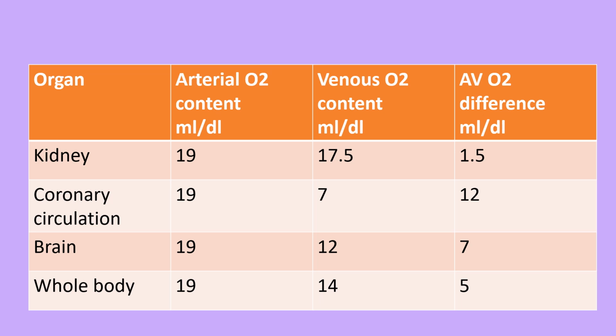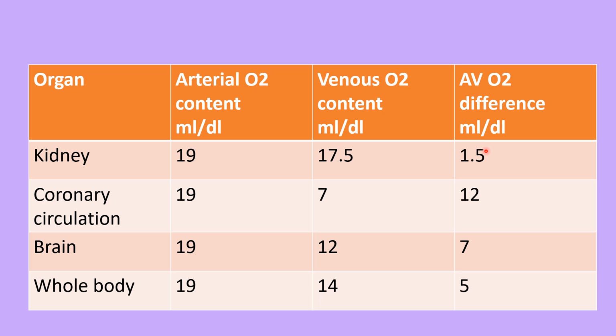The next important feature of the renal circulation is that it has a smaller arteriovenous oxygen difference compared to the coronary circulation, cerebral circulation, and whole body circulation. So venous blood contains a higher oxygen content compared to the other circulations. The arteriovenous oxygen difference is only 1.5 ml per deciliter.